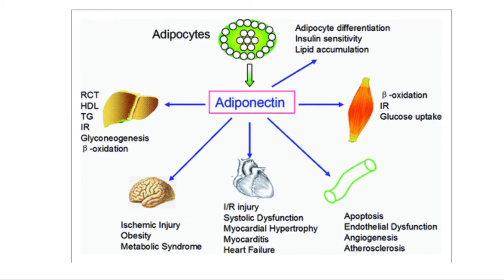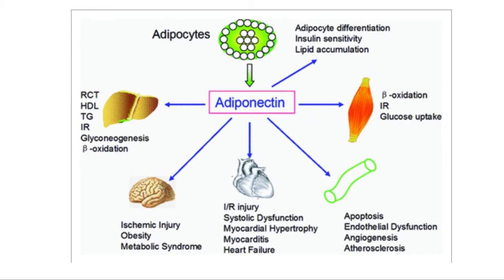It also decreases glucose production in the liver, causing an increase in insulin sensitivity and protecting against the metabolic syndrome. In addition to its metabolic effects, adiponectin has anti-diabetic, anti-inflammatory, anti-atherogenic, anti-proliferative, and cardioprotective effects.